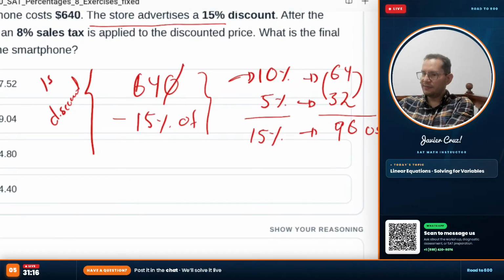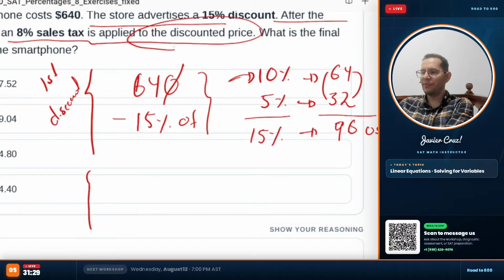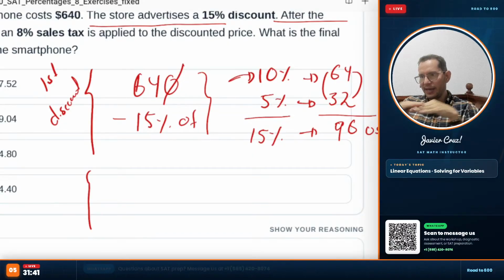That's the first step, but the next step, the second one, after the discount, an 8% sales tax is applied to the discounted price. So what means the sales tax? The sales tax is a tax that we need to pay additionally to the base price.